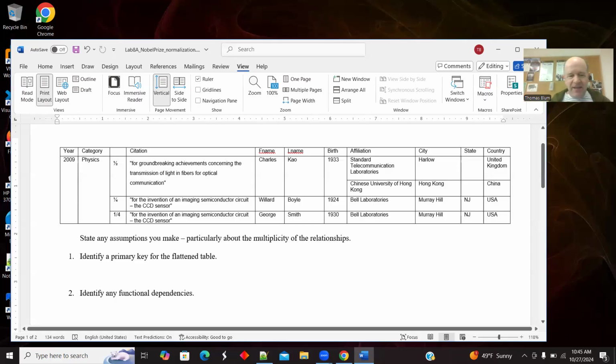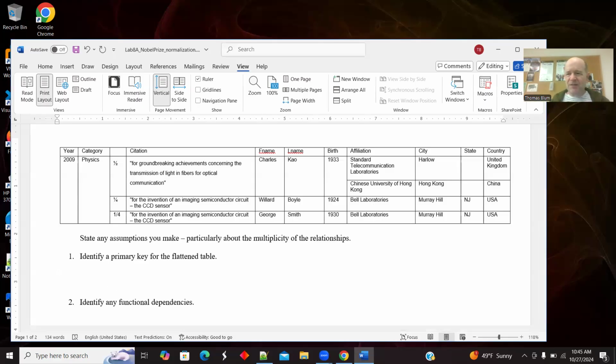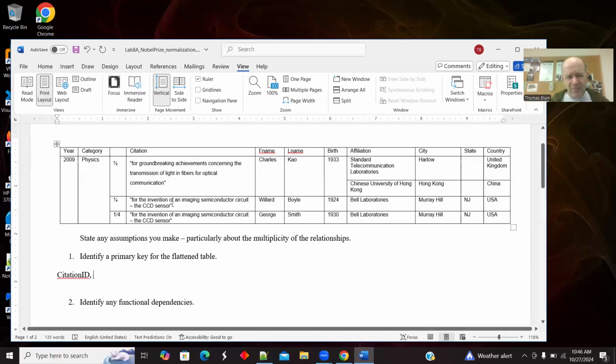When we did this as an in-class exercise, somebody recommended using the citation, or I would say a citation ID. It's not something I would have thought of, but it does fit. They're unique enough. They're not completely unique.